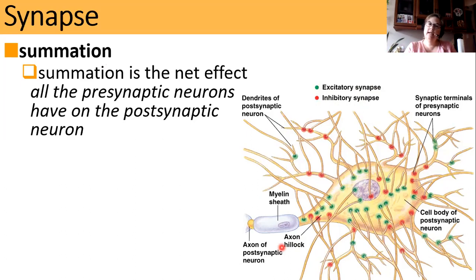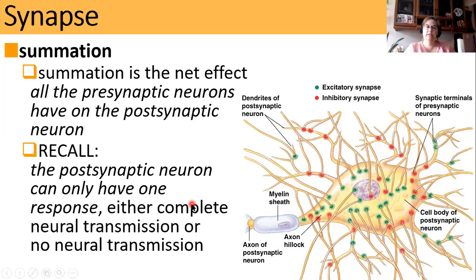So this gets us to the next concept of summation. Summation means that all the effects of all the presynaptic neurons are added together, all the pluses, stimulations, and all the minuses, inhibitions, all come together to yield one response. That is summation. Summation is the net effect of all of those presynaptic neurons because our postsynaptic neuron can only respond in one way. Okay?